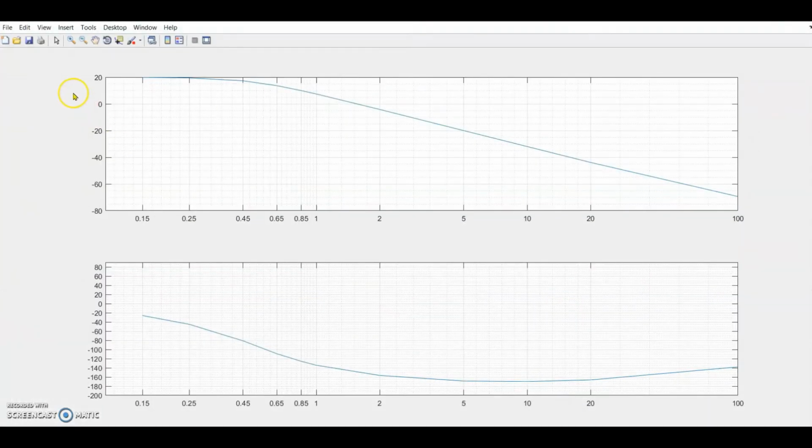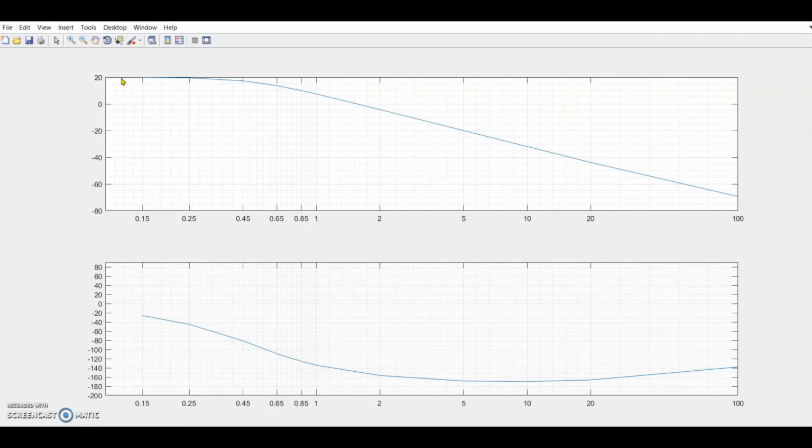So if the system is type 0 system, then our Bode plot starts with a slope 0. This you must have learned in your third year, that when we draw Bode plot of type 0 system, type 0 system means a system which does not have a term of 1 by s, that is, an integrator is not there.